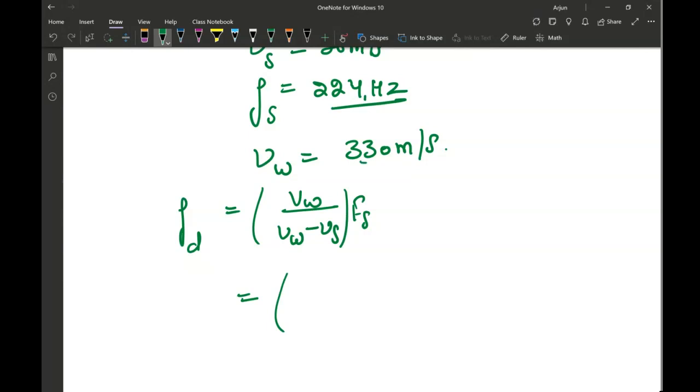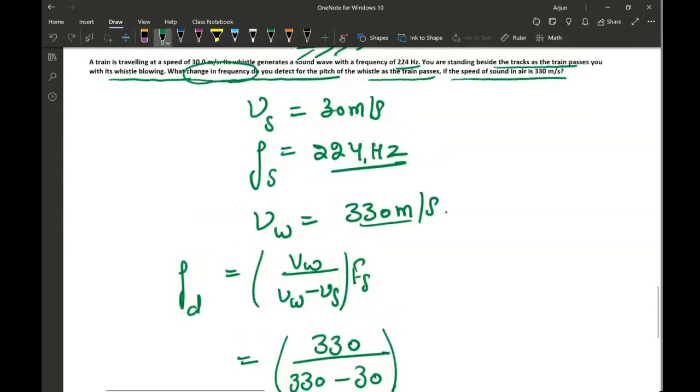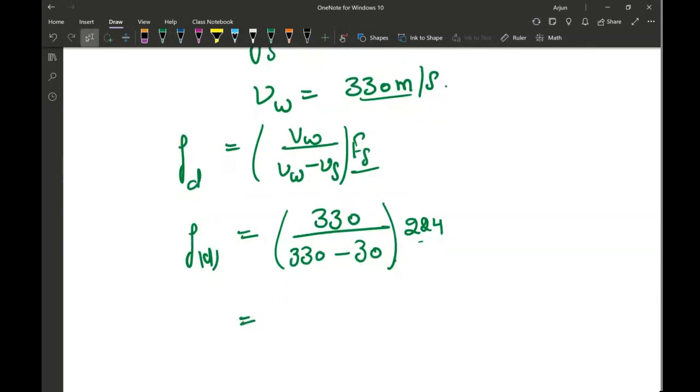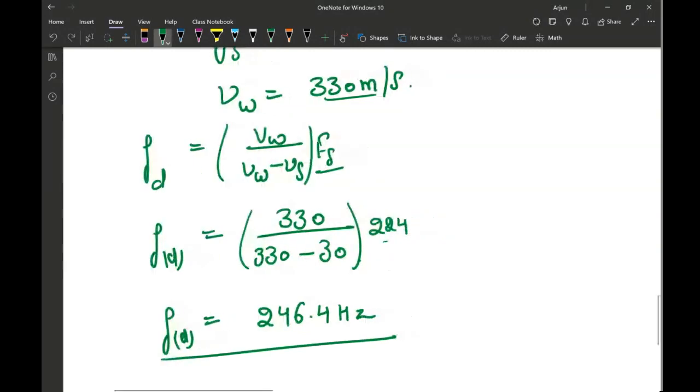And Vw is 330 minus the speed of the vehicle given to us, 30 meters per second. Now, this Fs is 224 hertz. I'm sure you can do the calculation. And once you solve this, it is going to give you 246.4 hertz. That is when the vehicle is approaching towards you.